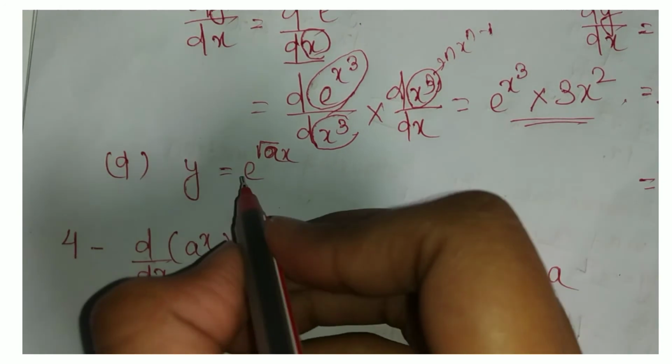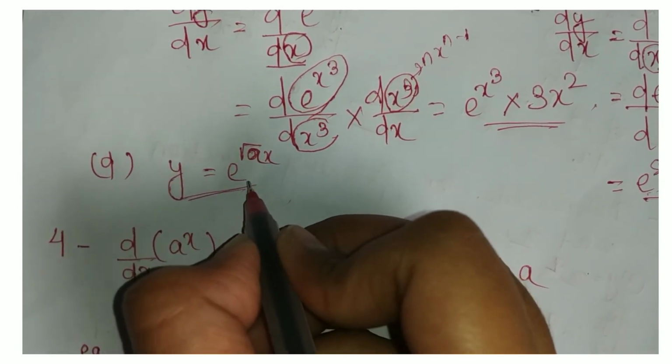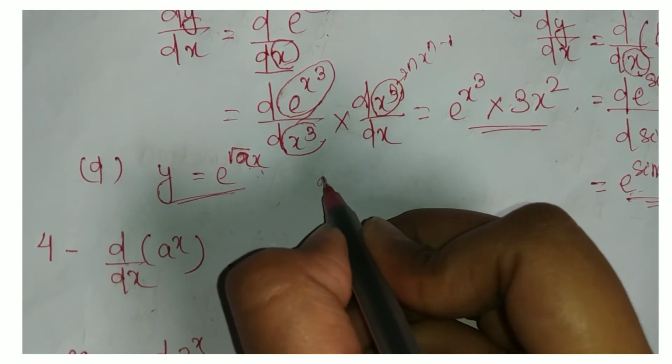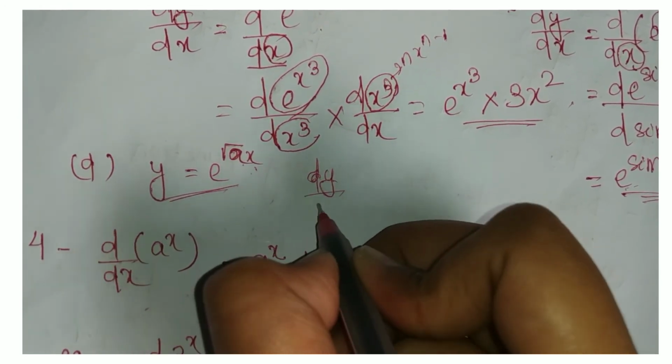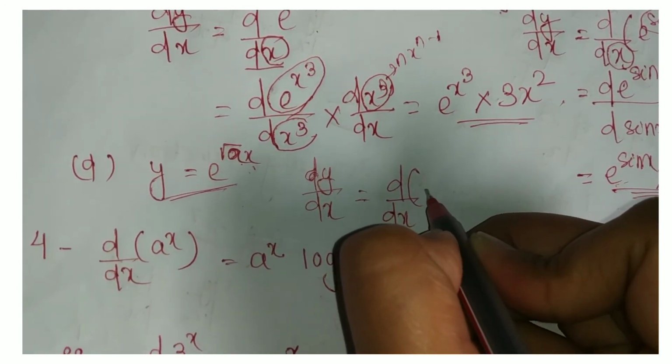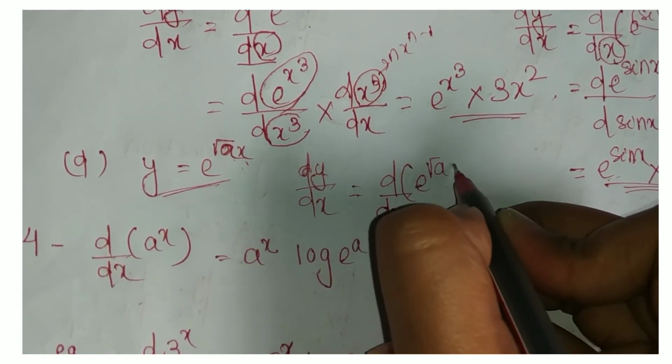Here y is equal to e to the power root over of a x. So the derivative of y with respect to x is equal to the derivative of e to the power root over of a into x.